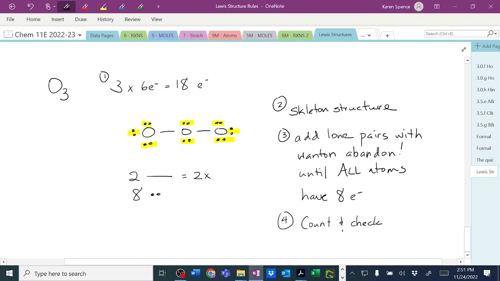So that's 2 times 2 is 4 electrons, and 8 times 2 is 16 electrons. So we now have 20 electrons. How many do we have? Too many. How many too many? 2 too many, so that's going to be 1 pair too many, yes?